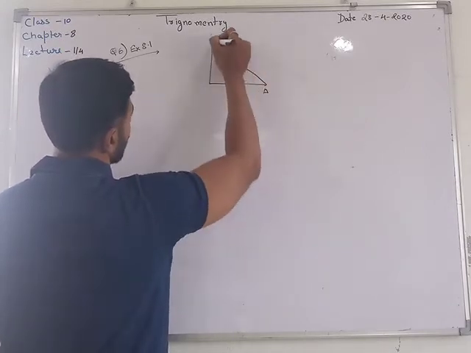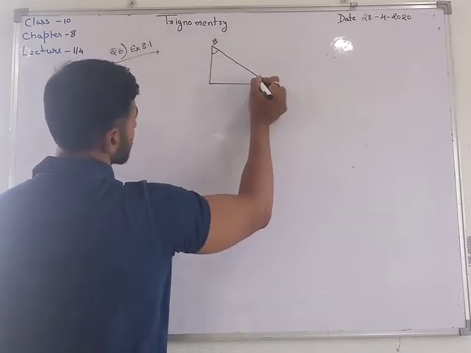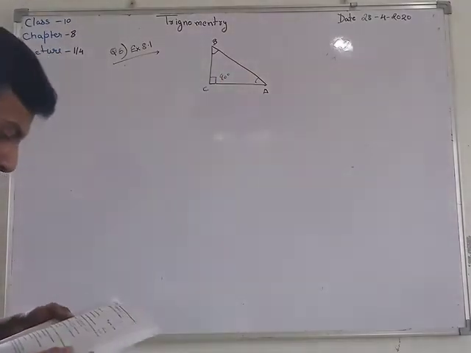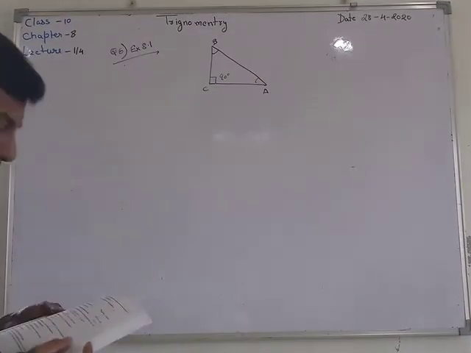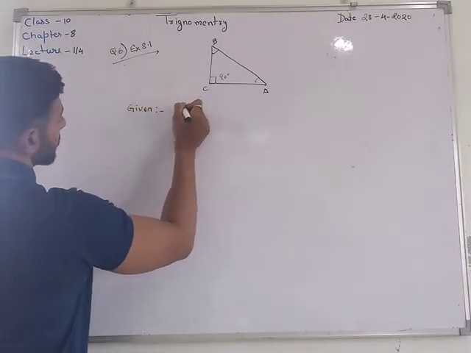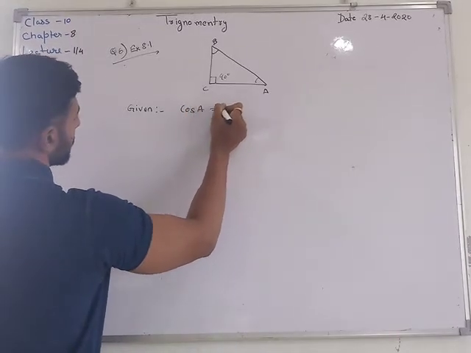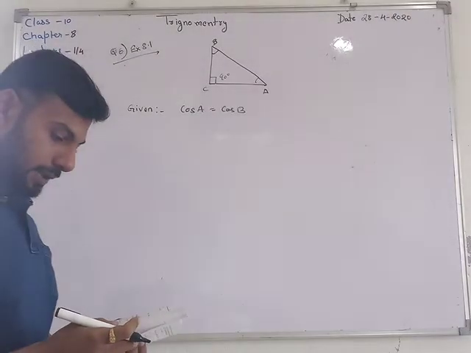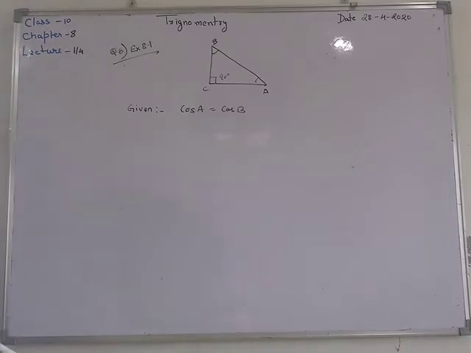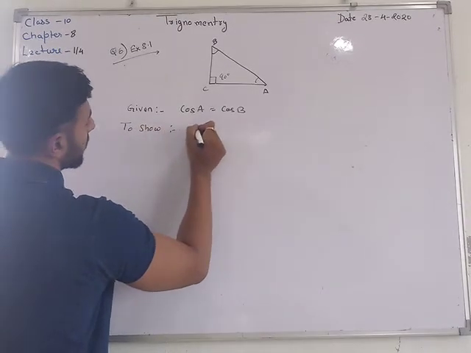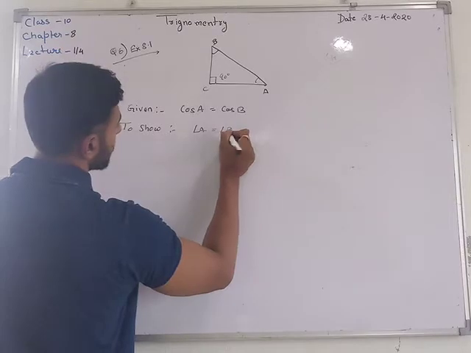Angle A and angle B are the acute angles, so this will be C, 90 degree. Given cos A is equal to cos B. We have to show that angle A is equal to angle B.